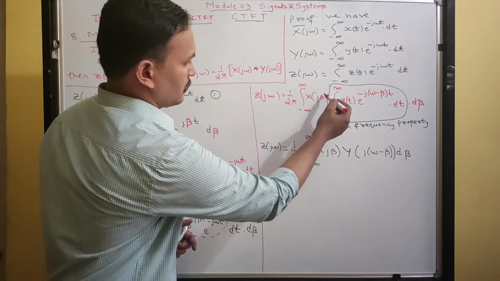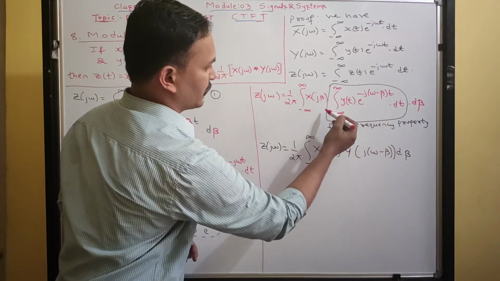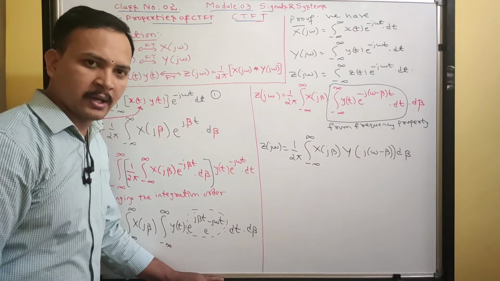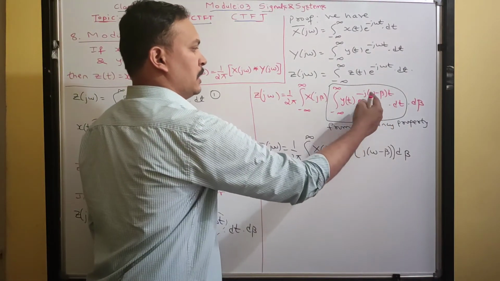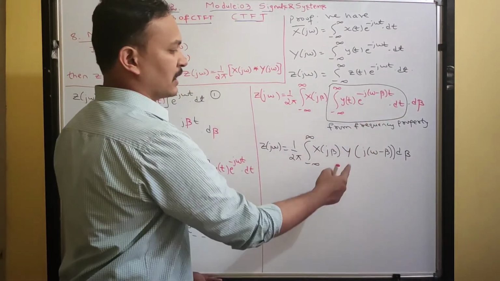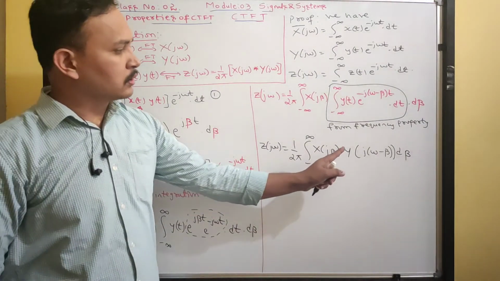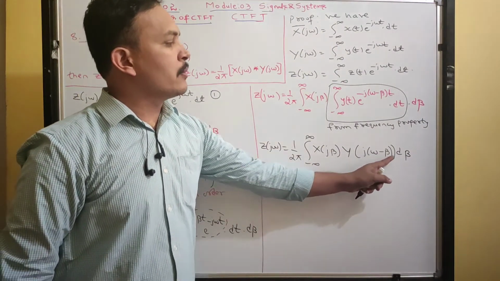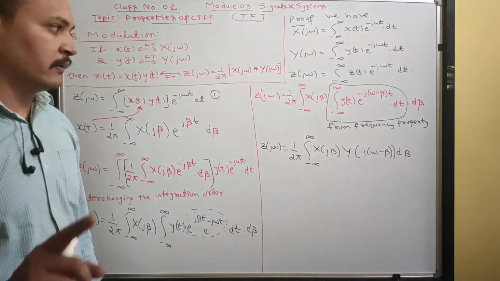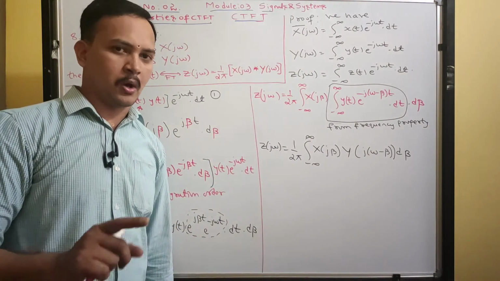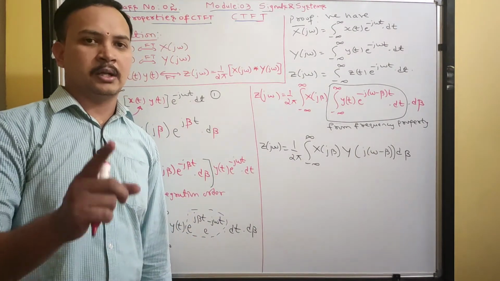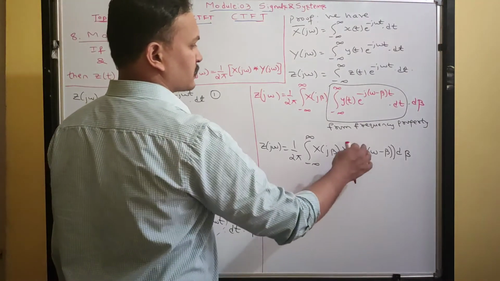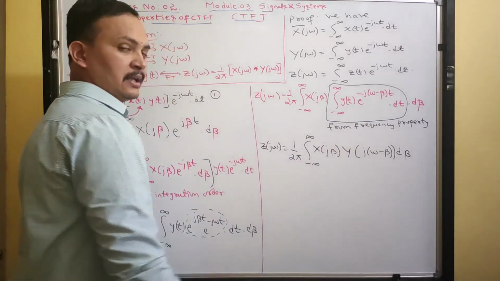See this particular term, integral of y of t e power minus j omega minus beta t into dt, this whole thing we can write as y of j omega minus beta. If you want, you can refer to the frequency shift property. I think I explained it in property number 3. By seeing that, you can understand how we can write it like this.